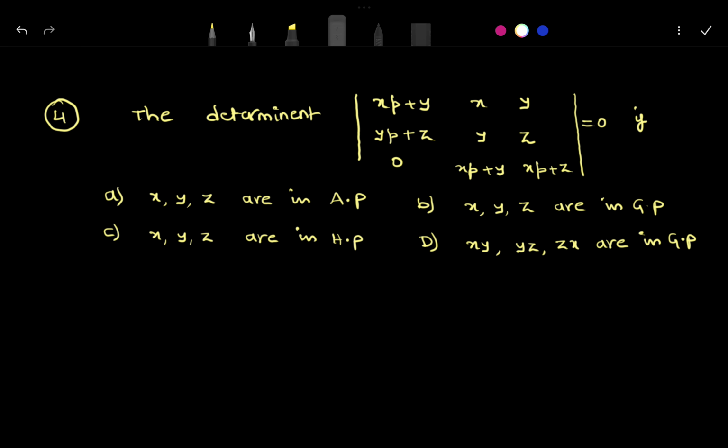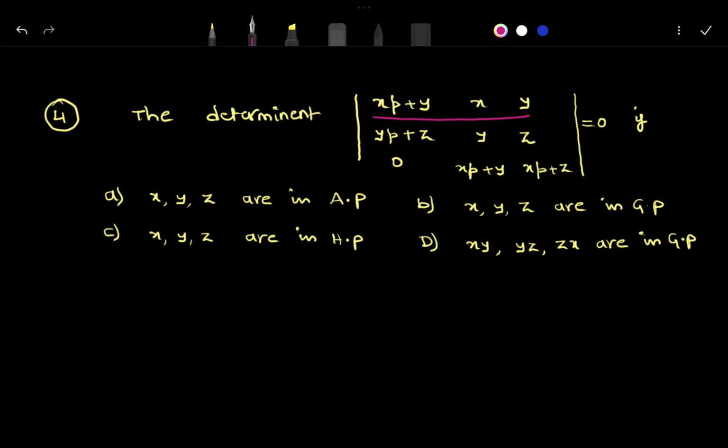Consider here, according to determinant properties, as in the previous questions, now here also you take the first row elements as all zeros. But there is no use according to the given options.